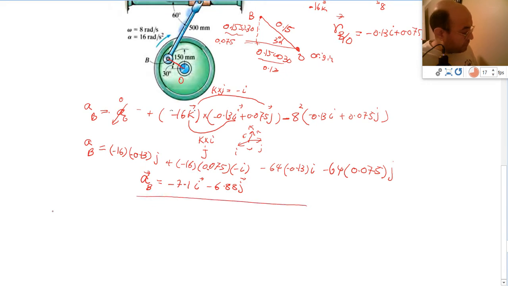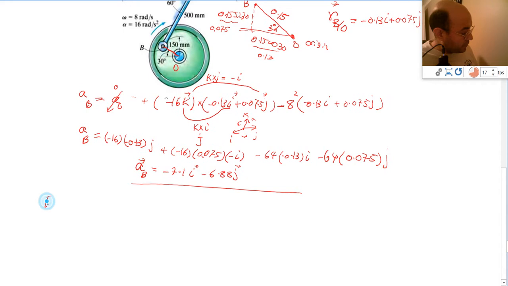I want to go from B to A. I'm going to say acceleration of A is equal to acceleration of B plus alpha AB cross RA with respect to B, and then minus omega square AB times RA with respect to B.